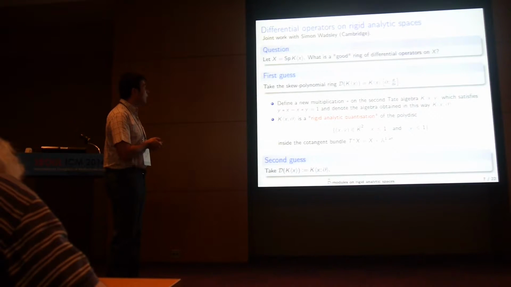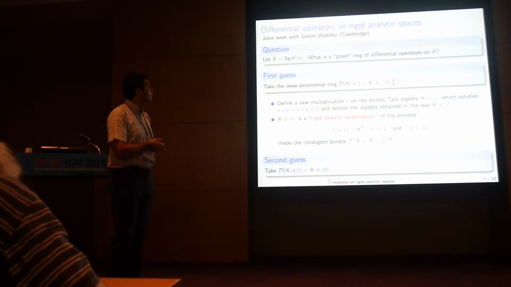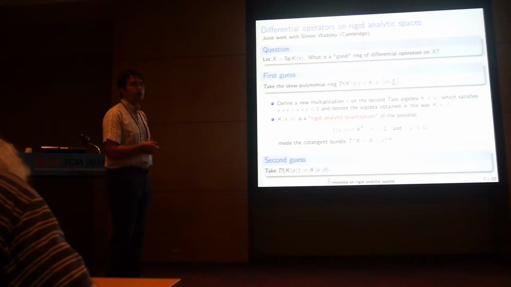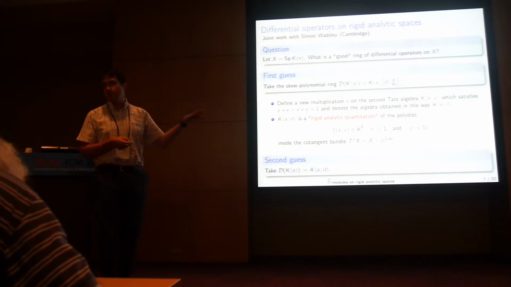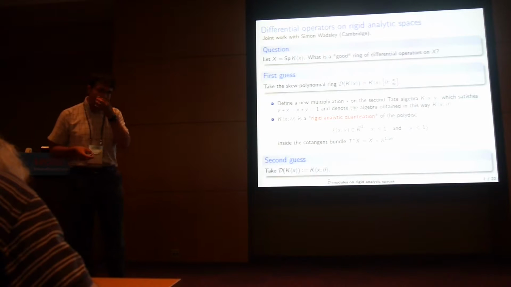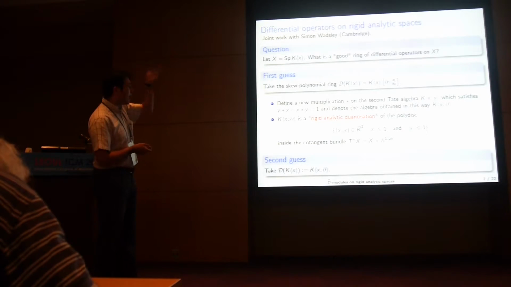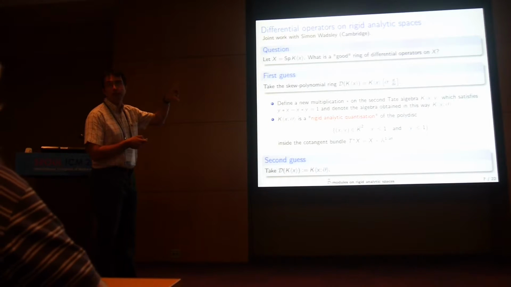You can quantize this two-dimensional function algebra into a non-commutative ring. We call it the first Tate Weyl algebra because it's very much like the Weyl algebra from differential operator theory, polynomial differential operators on the line, but on the other hand, it looks like the space of rigid analytic functions on a two-dimensional polydisk.